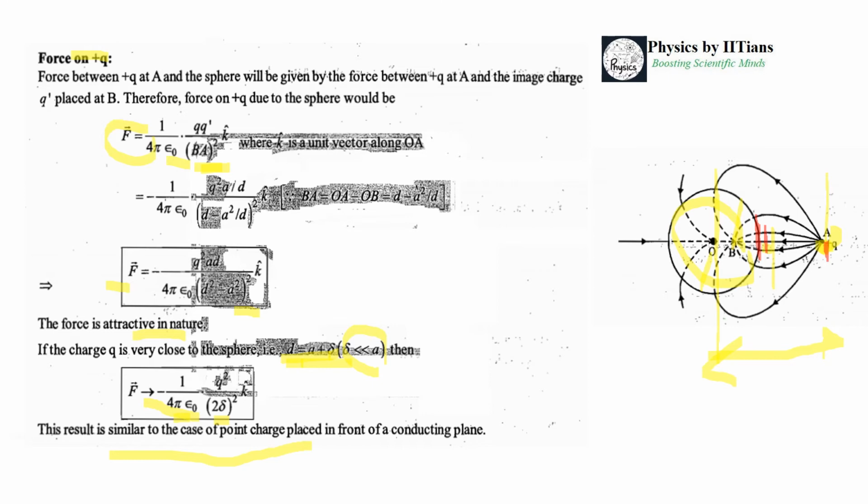And in the case of a plane conductor, the object distance equals the image distance. So 2 delta will be the distance between them, and it will resemble the case of a conducting plane.